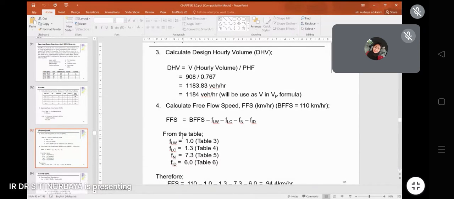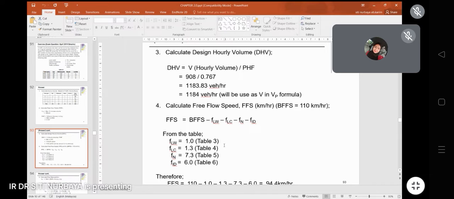So try to obtain the adjustment factors for the lane width, adjustment factor for the lateral clearance, adjustment factor for the number of lanes, and adjustment factor for the interchange density.